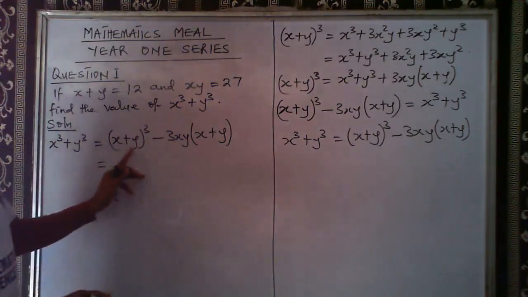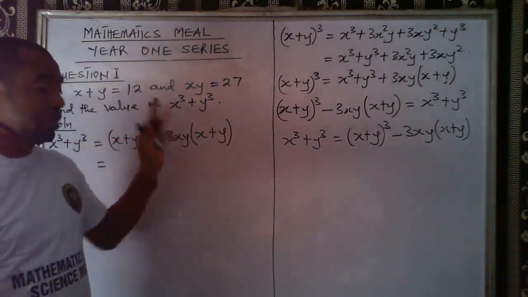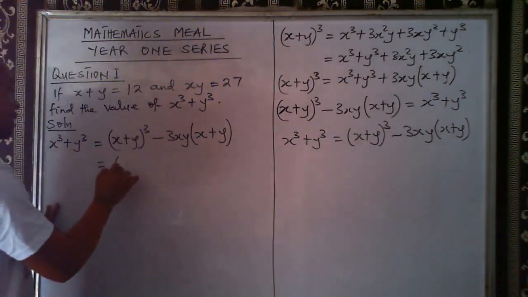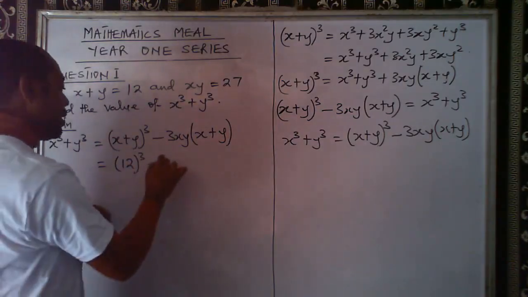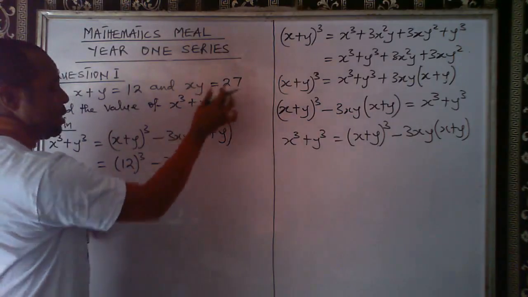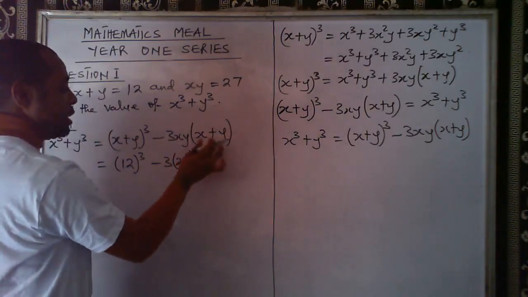So what's the value of x plus y? X plus y is 12, given to us, so I can write this as 12 raised to the power 3 minus 3 times, what is xy? 27. And what is x plus y?